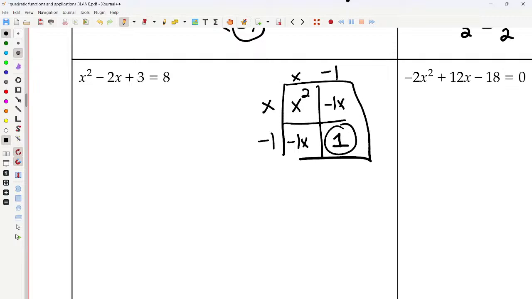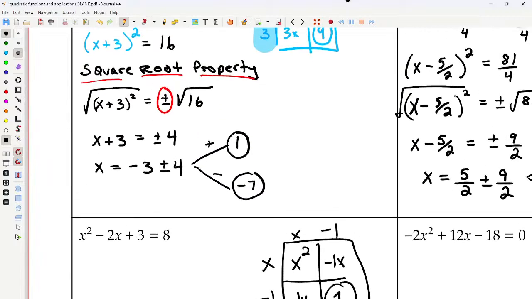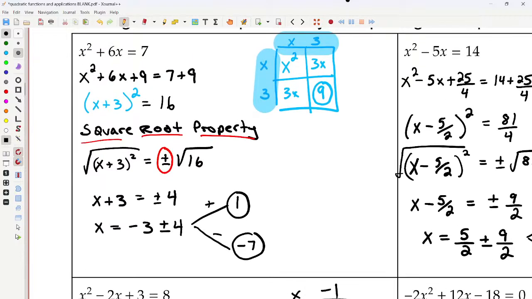Oh, wait a minute. I went a little quick there. That's all right. So fundamentally, what's different in this example than the first two? Notice we have a constant value of 3. Unlike in the first two examples, where I just had my x squared and my 6x.